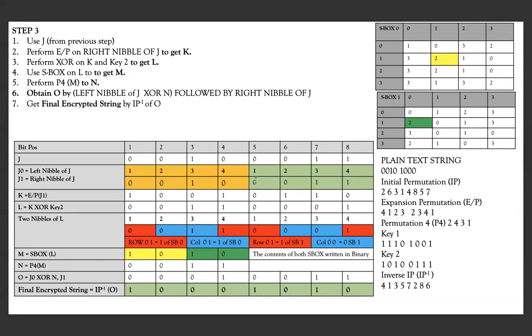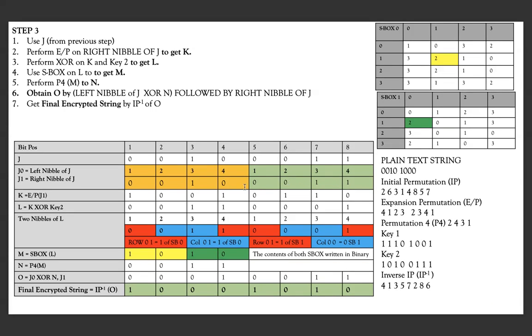The right nibble, as mentioned before, is in green, and the left nibble is in orange, just like before, right? So we're doing expansion permutation like we did before, but this time on the right nibble of J. Expansion permutation was 4, 1, 2, 3, 2, 3, 4, 1. So again, this is bit 4, which is 1 here. Then we got bit number 1, we got 0 here. Then we got bit number 2, which is again 0 here. Are you following this?